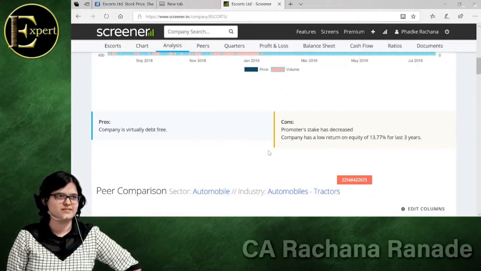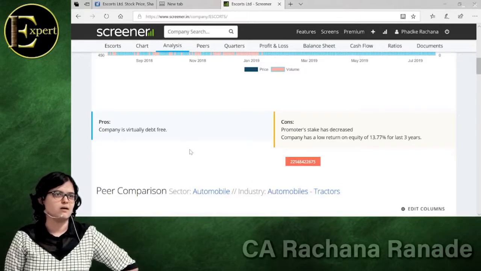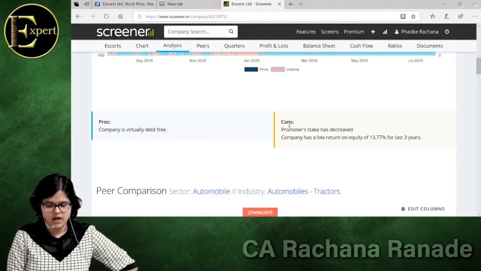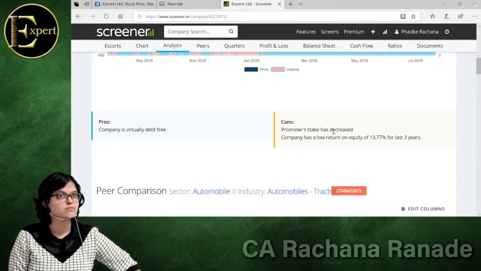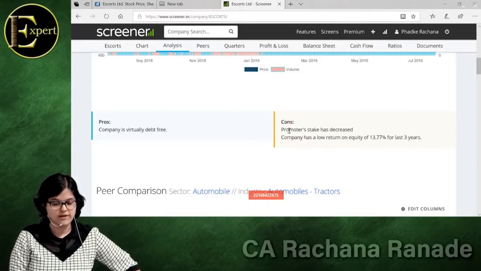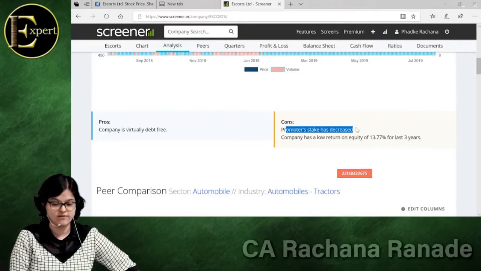So is the main revenue coming from tractors, or what? We'll have to also check that. Pros, they are saying it's a virtually debt-free company, and cons, they are saying promoter stake has decreased. It's a big factor, an alarming scenario. So we have to check why the promoter stake has decreased. Why have they sold it? When have they sold it? How much have they sold?